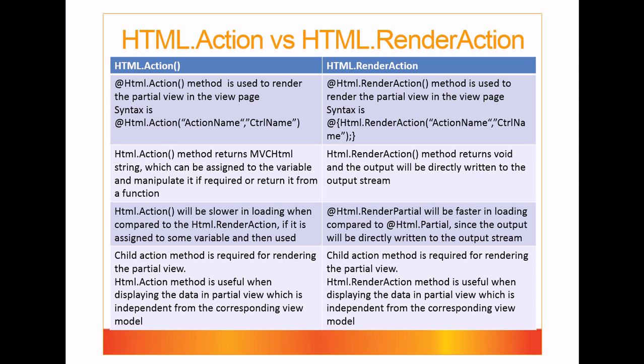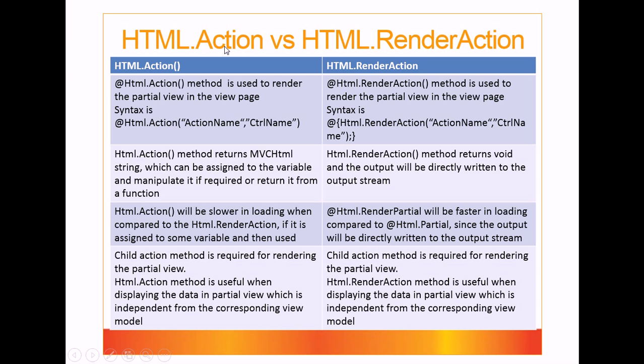Now we'll see the differences or comparison between @Html.Action method versus @Html.RenderAction method. Both of these methods are used to render the partial view in the view page. You can see the syntax is pretty much the same as the previous example, but here you specify the particular action method name and the particular controller name which you want to call and render the partial view.